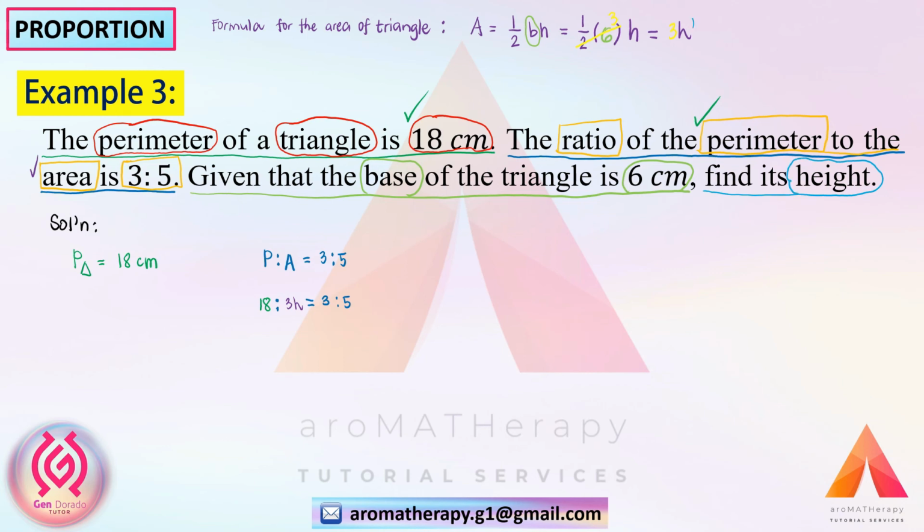We are looking for the height, so let's use this equation in solving for the height of the triangle. 18 is to 3H is equal to 3 is to 5. So here we need to equate the product of the means and the extremes.